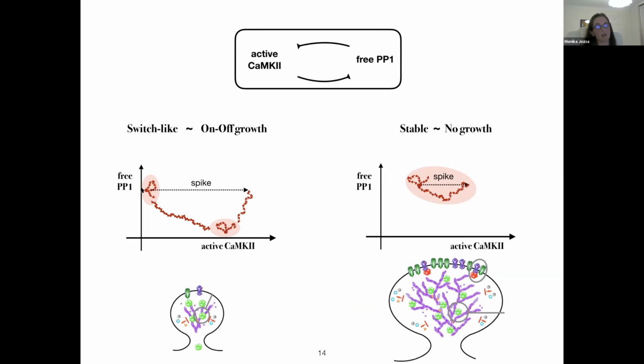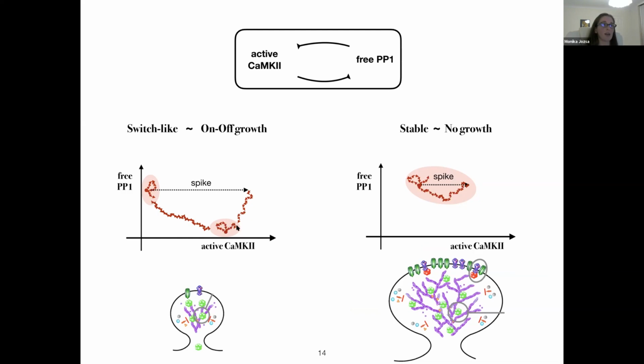And when there is a spike coming in, all of a sudden, many CaMKIIs get activated, and PP1 starts working on deactivating these CaMKIIs. But in the small system case, there's not enough PP1, so it gets saturated.